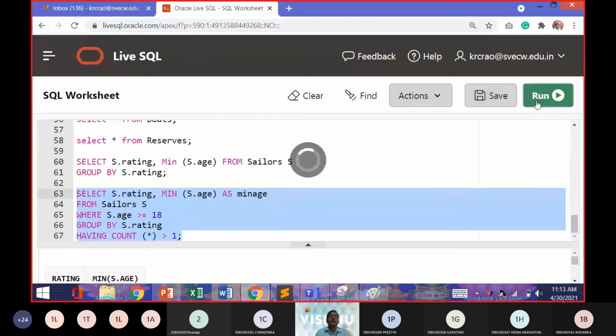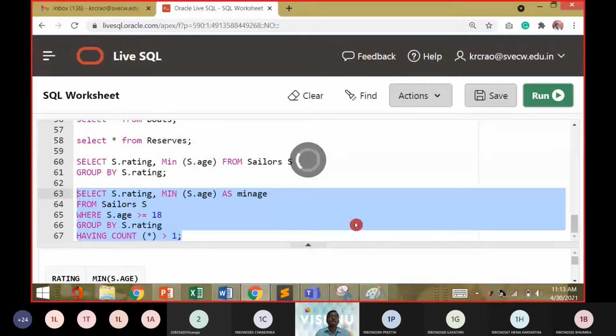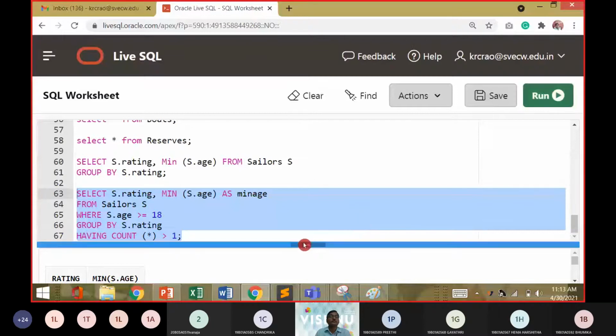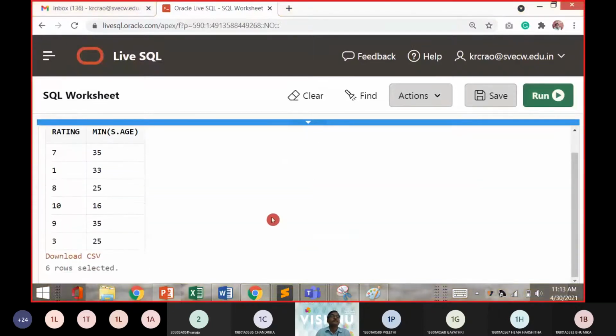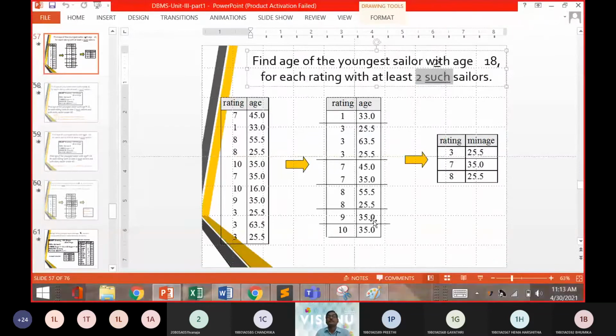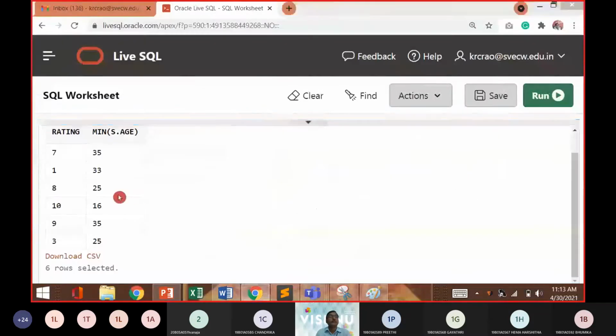When we execute the query, that is how the answer is going to be displayed. So in 8, minimum was 25.